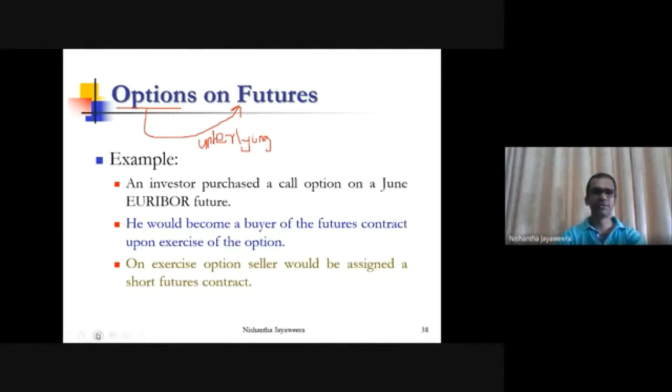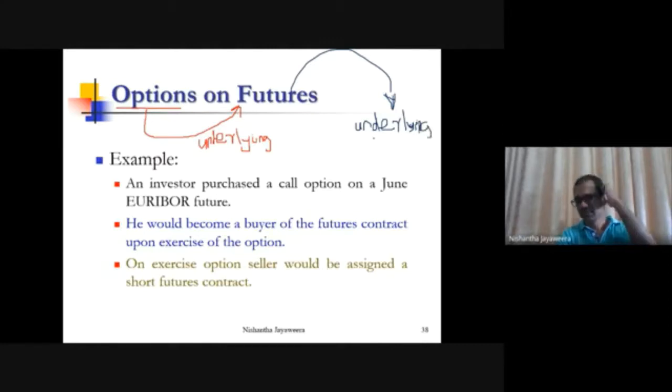But for futures there can be another underlying. So on the option contract, the underlying is the future.